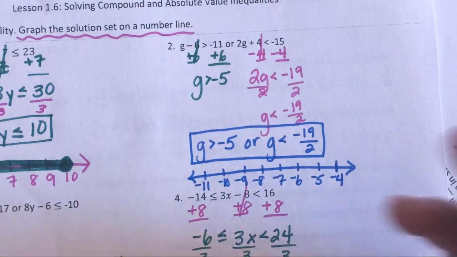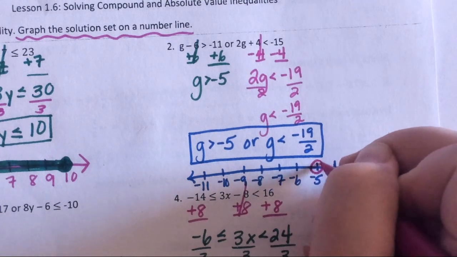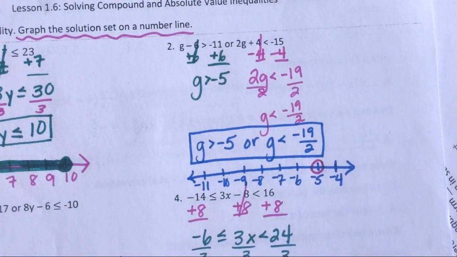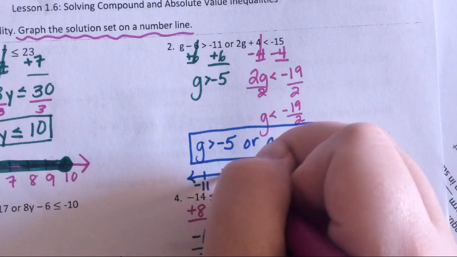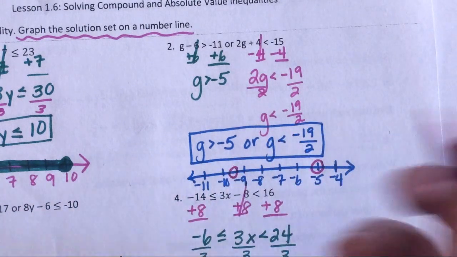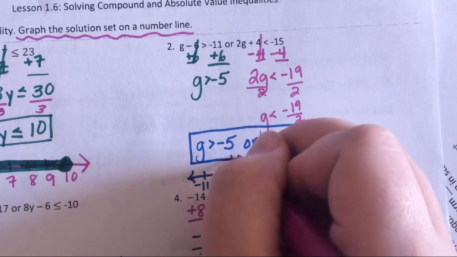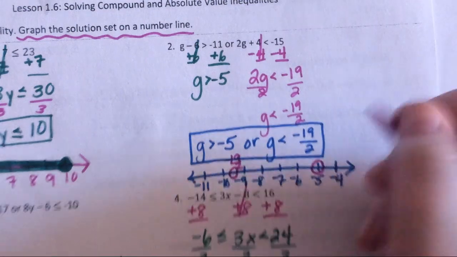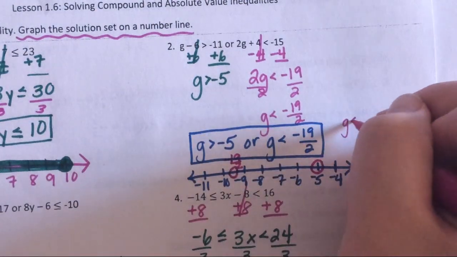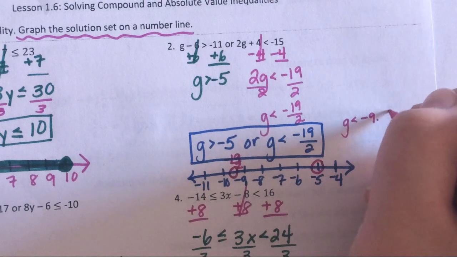And I get that -5 is here, but where on earth is -19/2? How do you know it's in between 9 and 10? Okay, so Nick changed this to a decimal, and he said, so it's really G is less than -9.5.